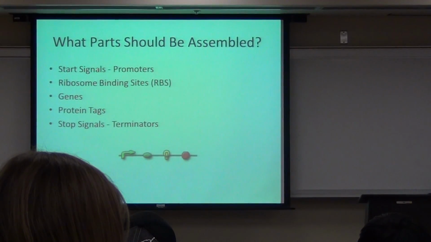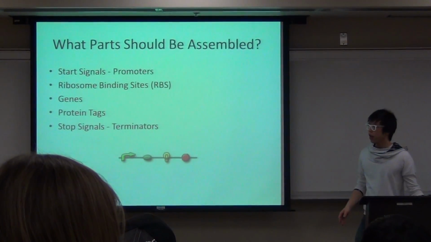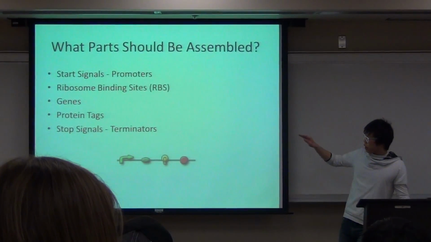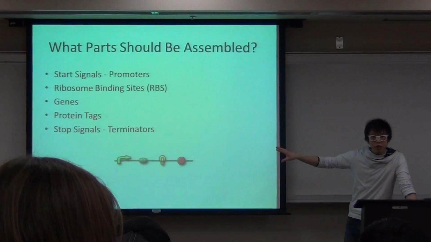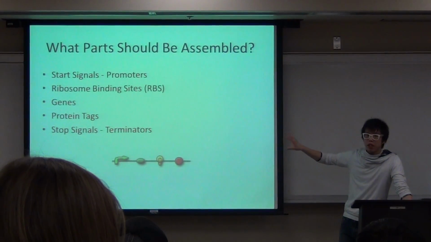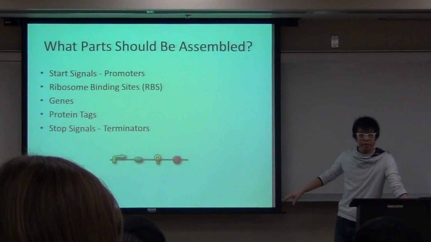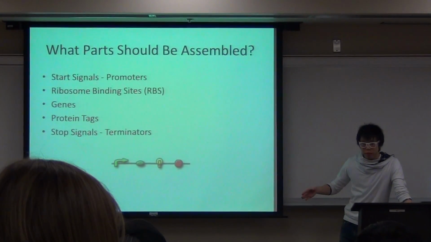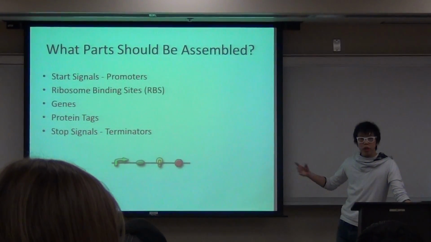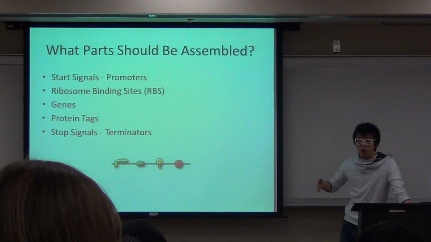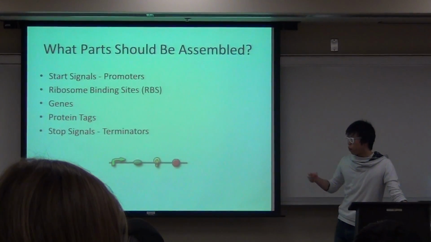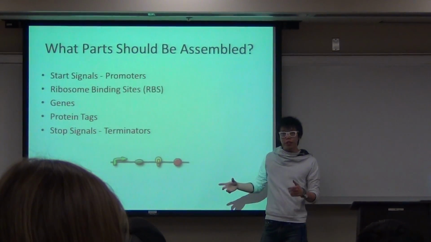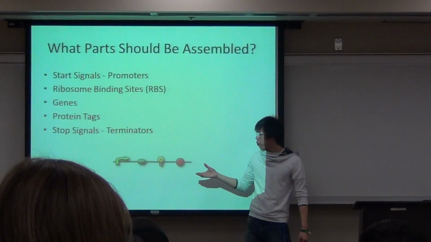So essentially, with iGEM, they have a registry of what they call biobricks or parts, and here is a list of classifications they use for these parts, but all of these are essentially DNA sequences. And using the biobrick assembly method, which I'll be talking about very soon, you can actually string them along in any order you want. So here we have some pictures that they actually use to represent these parts.